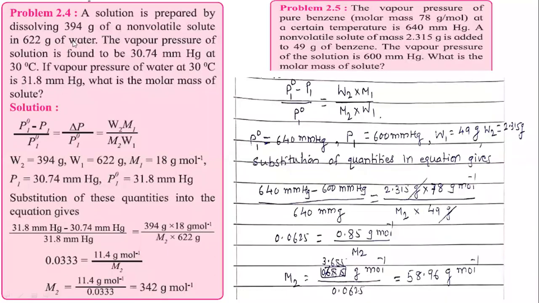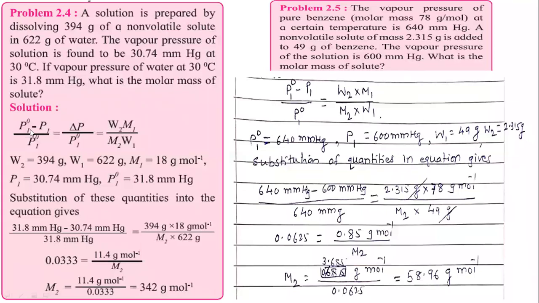Water is the pure solvent here, and the 394 grams of non-volatile solute is added. The vapor pressure of the solution is found to be 30.74 mmHg at 30 degrees Celsius, and the vapor pressure of water at 30 degrees Celsius is given. The question asked is: what is the molar mass of the solute?